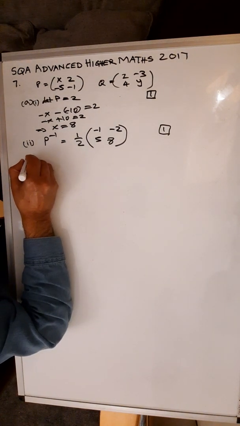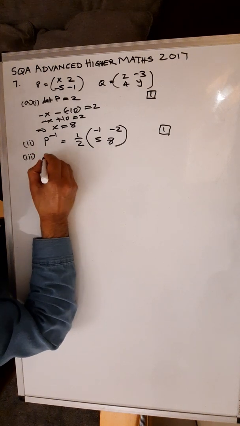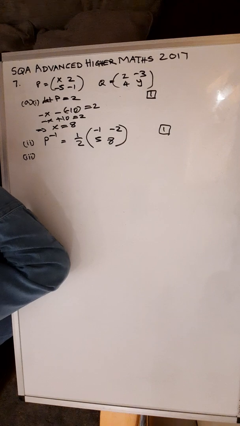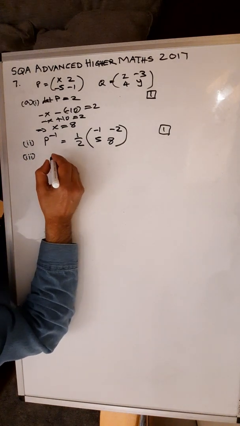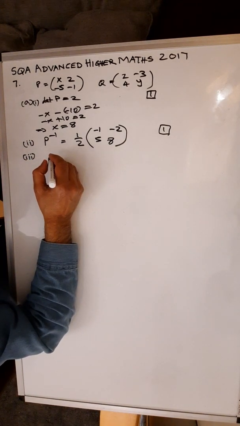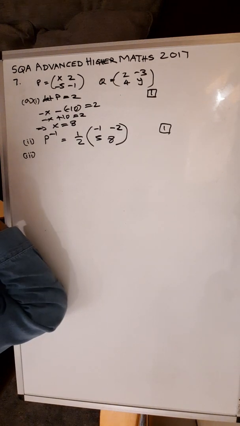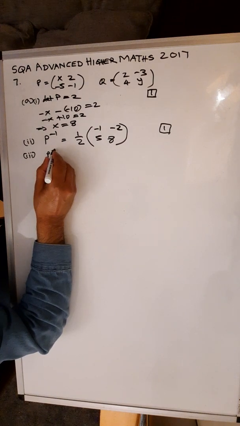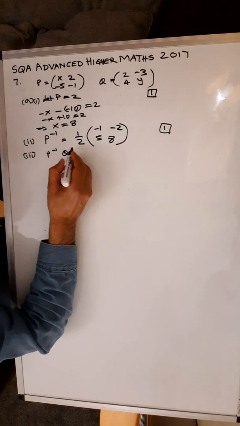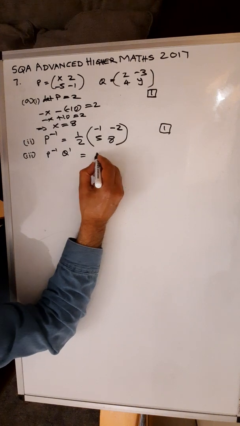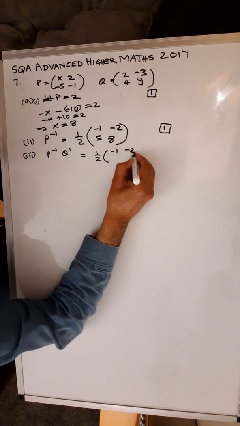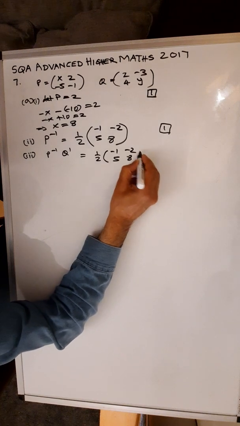For the third part of A, inverse of P times Q dashed, where Q dashed is the transpose of Q. So inverse of P times Q dashed is equal to 1 over 2, minus 1 minus 2, 5 8.